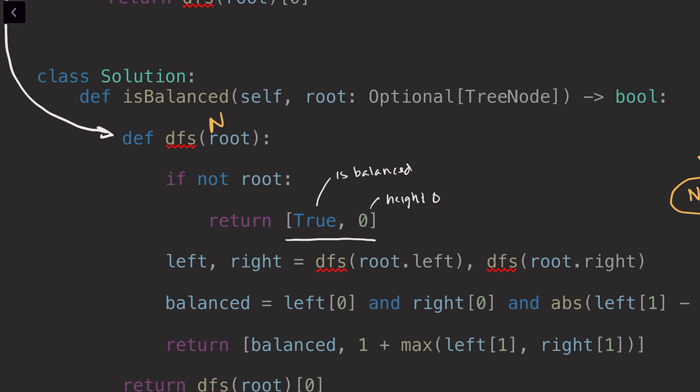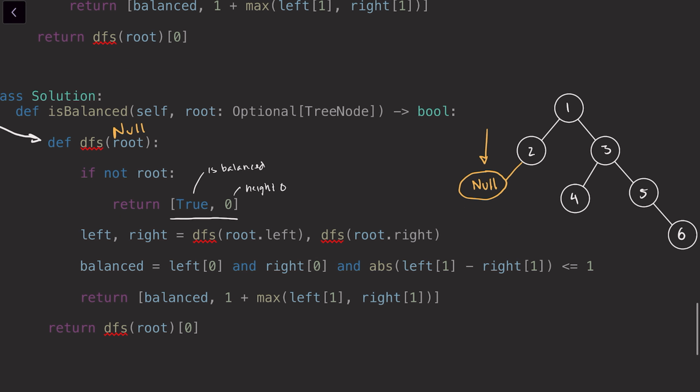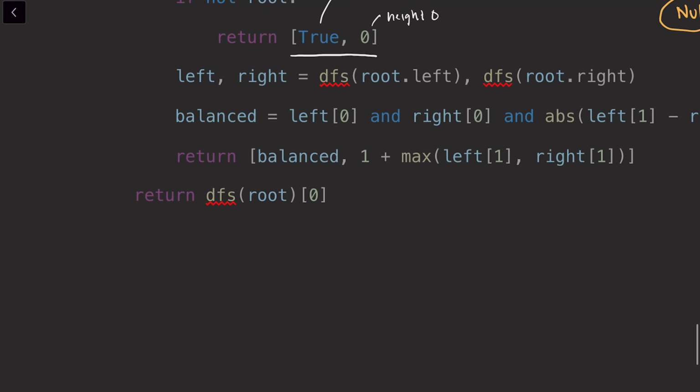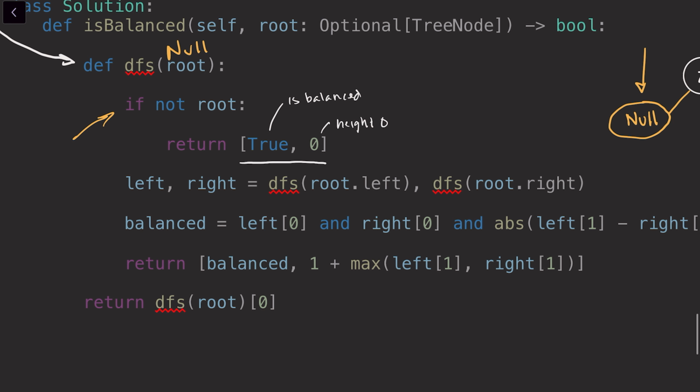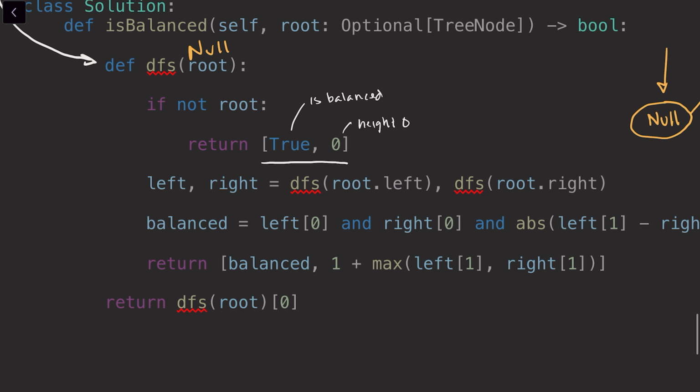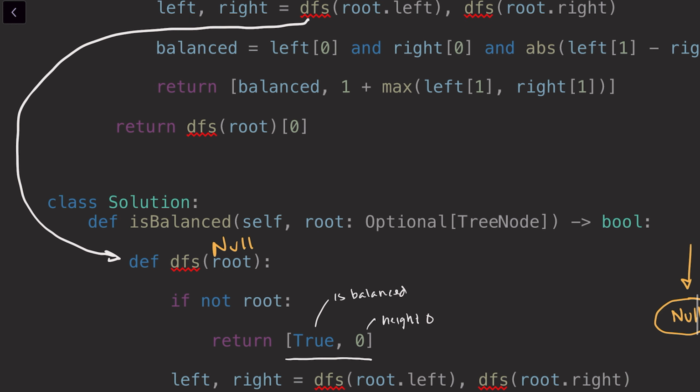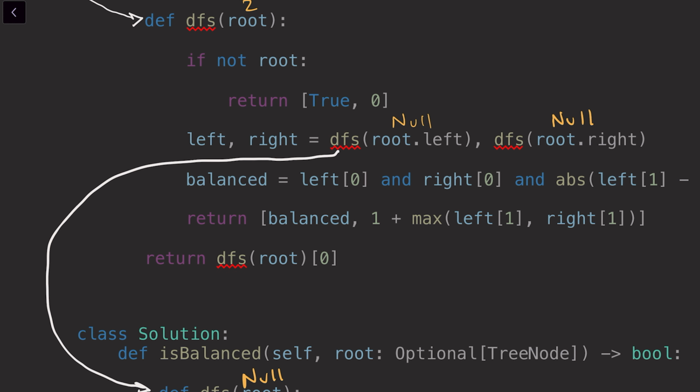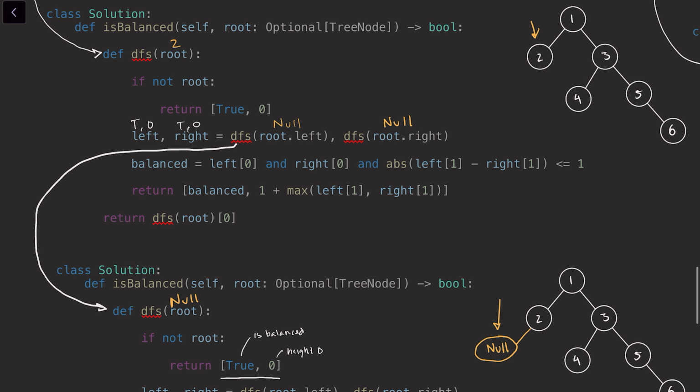If the root is null, as we can see, we will finally go into this if not root. What are we returning? We are returning that true, it is balanced, right? And we are also returning that the height is 0. So let's write that down. We know that it's true and the height is 0. And we can also infer that the right will also be the case, since the right also is null.